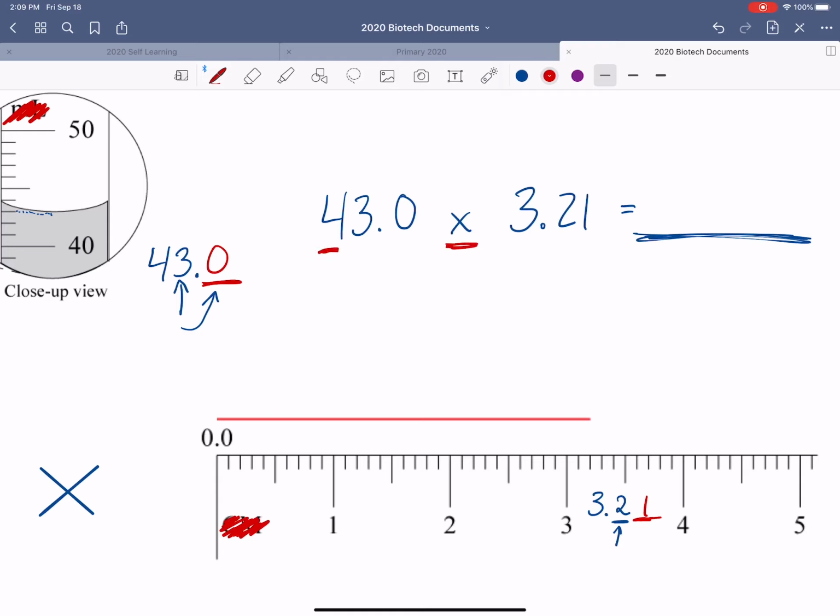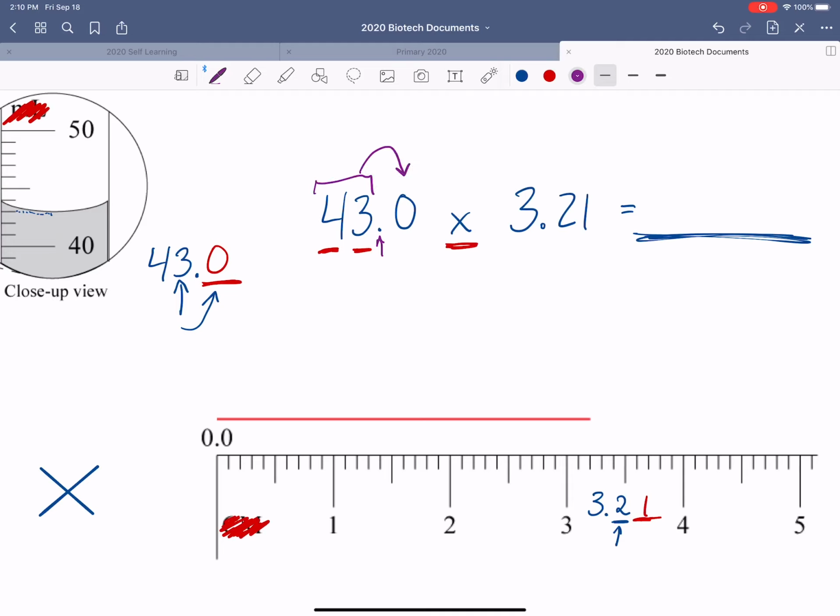So this first one, I know 4 and 3, those are non-zero numbers. It makes it really easy. I know those are significant. What is a little trickier here is this 0. Zeros can sometimes be significant, and it all depends on where they're located, and also whether or not there's a decimal point. In this case, we do in fact have a decimal point, and even more than that, the 0 falls to the right of our non-zero numbers.